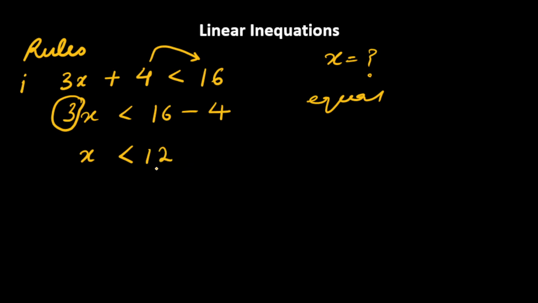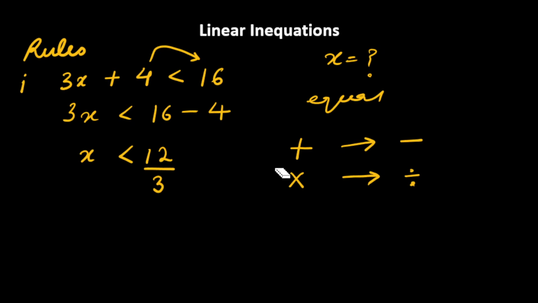When we shift 3 to the other side, it will change to division. So when a positive number is shifted to the other side, it will change to negative. When something is multiplied and we shift it to the other side, that number will get divided, like in linear equations also. So this rule is the same. Plus changes to minus, multiplication changes to division.